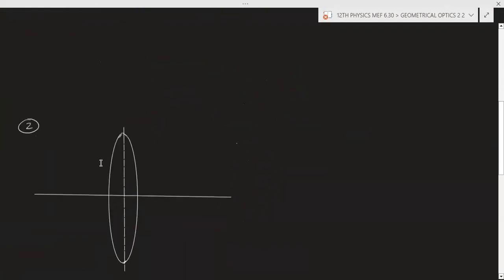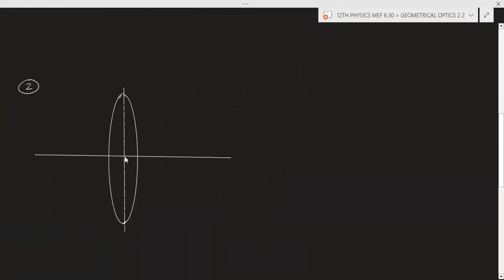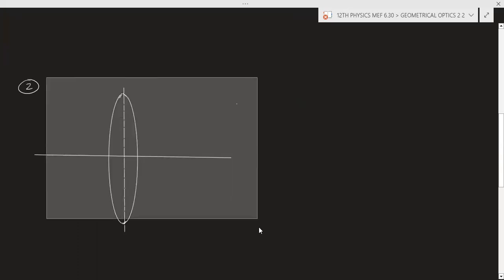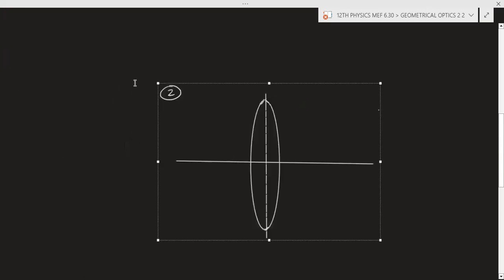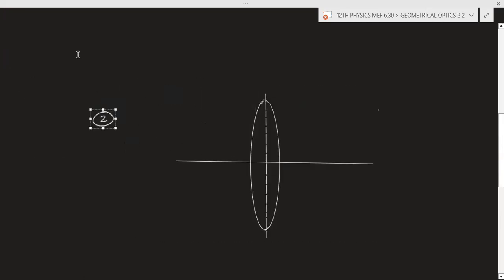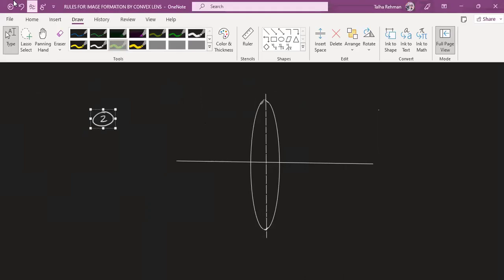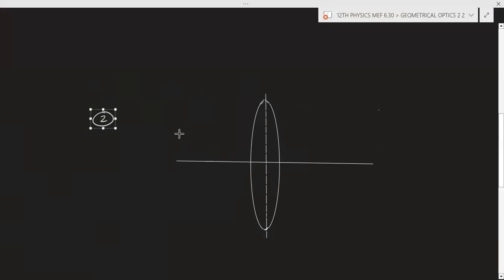Second rule is: this is the pole, optical center. If a ray of light is parallel to the principal axis, like this, see. This is the principal axis and a ray of light is parallel to it.